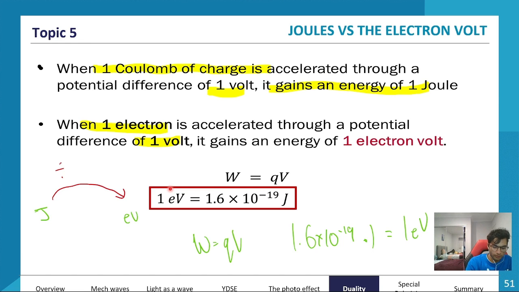To go the other way around, you multiply by 1.6 times 10 to the negative 19. Hopefully that's right. With this topic of the photoelectric effect, your units can be given in either joules or electron volts, and your job is to convert between the two, depending on which is more feasible.